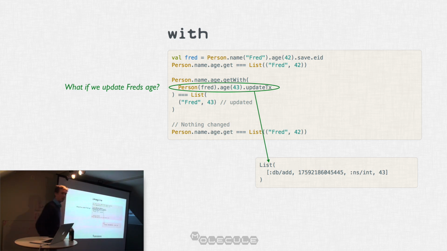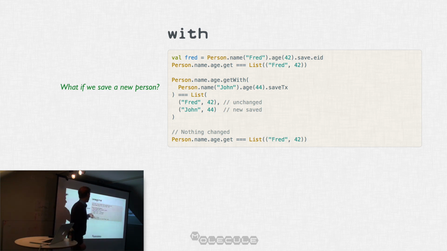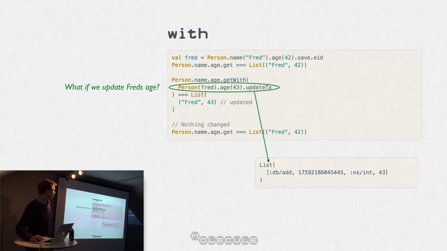That's just what the transaction needs. Yeah, you can see if I update John with the age of 44, then if I save it, if it's a save transaction, it gets added. If it's an update, then Fred has an updated age.